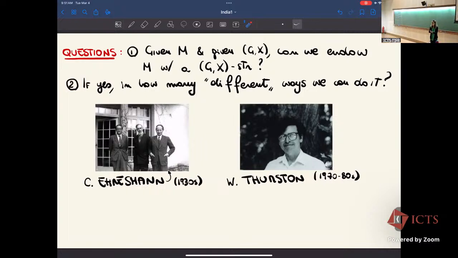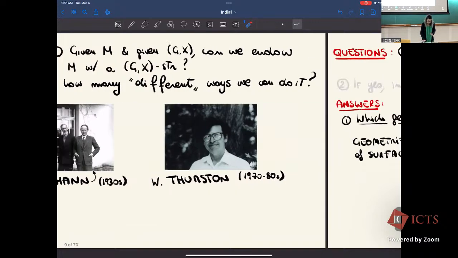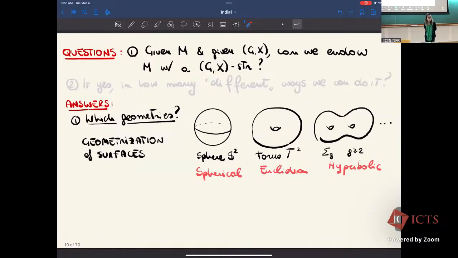In some cases, you can do it in just one way, so this will be a phenomenon of rigidity. In some cases, you can do it in multiple ways. So you see this flexibility, that will be the framework of today. Ehresmann started discussing this question, and Thurston really brought the subject back to life.